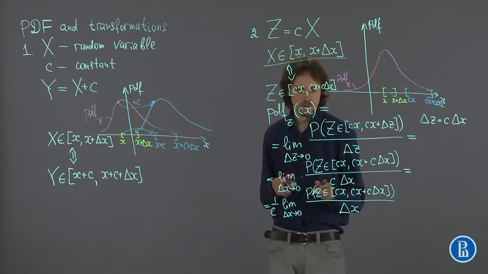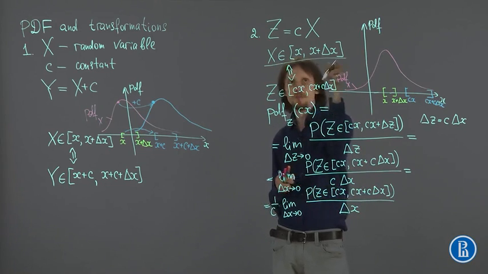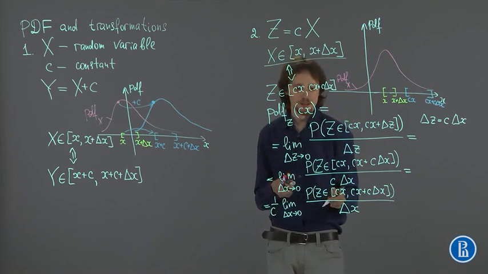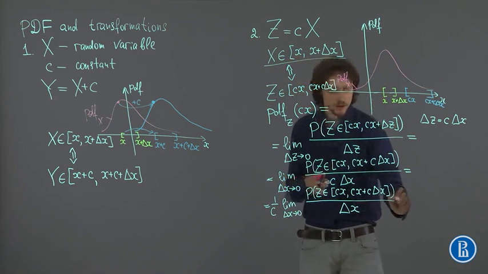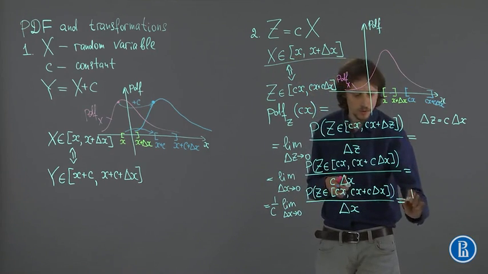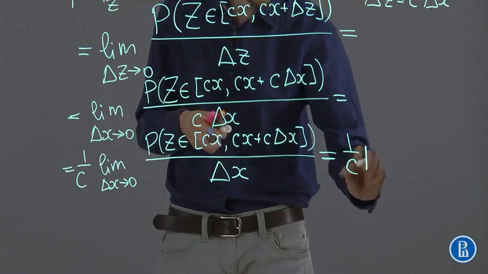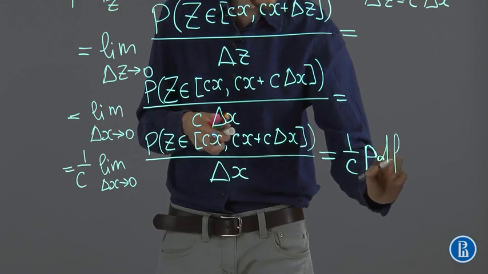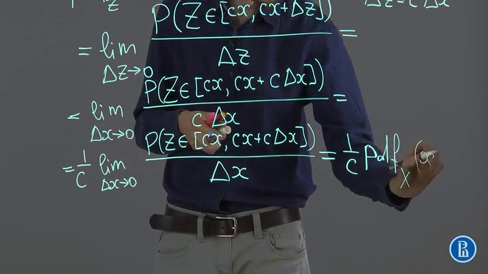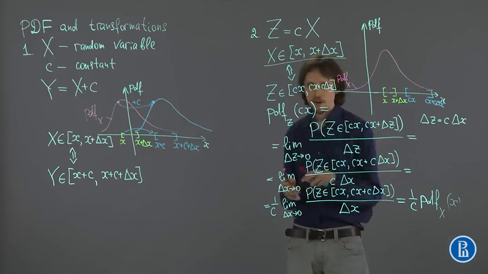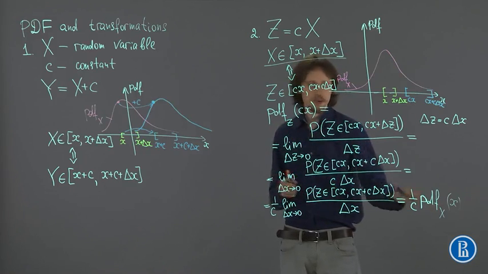If we replace this probability by this probability, we will get the probability density function of x at point x small. So we see that this is equal to 1 over c times the probability density function of x at point x small. In other words, these two probability density functions are related with the following transformation.